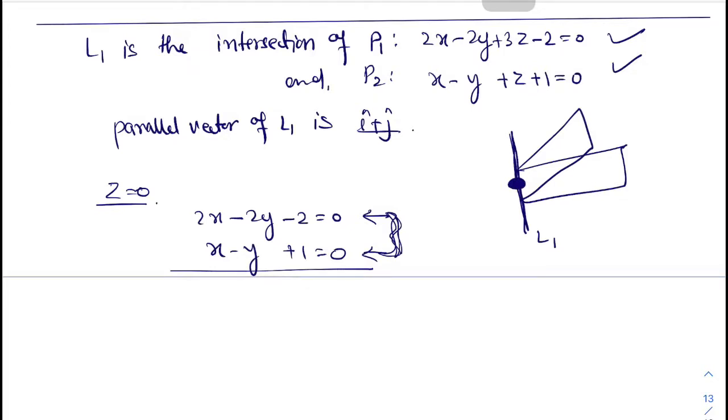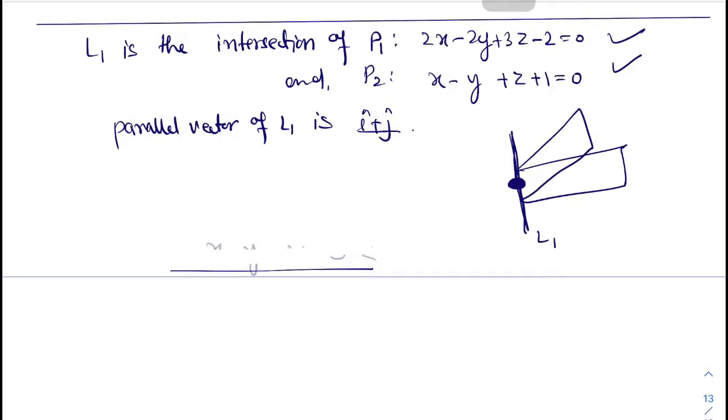You can easily observe that these two lines are parallel and not coinciding. So we won't be able to solve these equations for x and y. So if z equal to 0 is not doing the thing for us, then we will put some other variable, say y equal to 0.